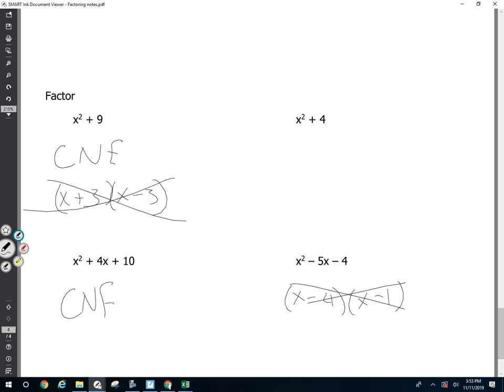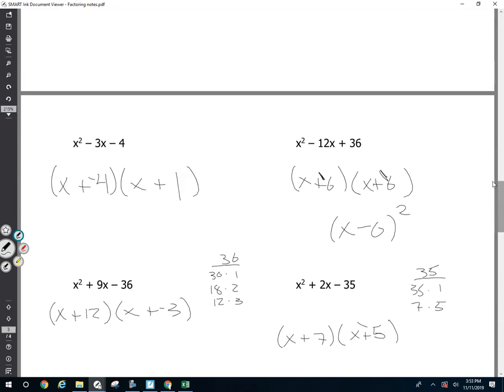Now, what's going to happen in the future, and this is important, is that if I said this was equal to 0, you should be able to give me my answer really quickly. If I have x squared minus 3x minus 4 equals 0, and you said, you know what, Mr. Messler, that's the same as x plus negative 4 times x plus 1 equals 0, you should be able to say, oh, I know what values of x make this left side equal to 0.